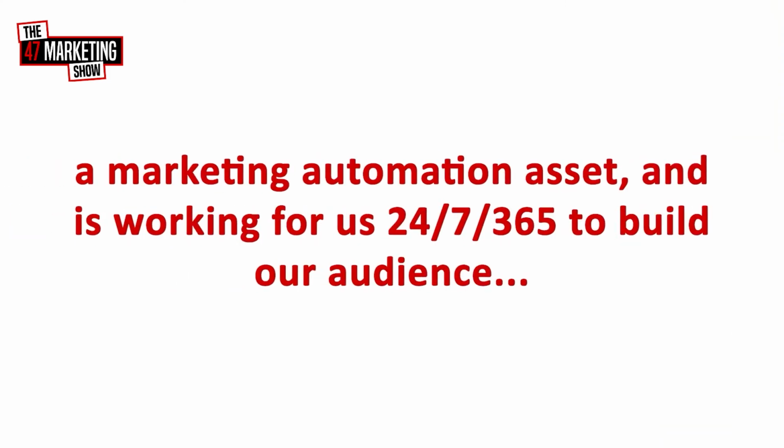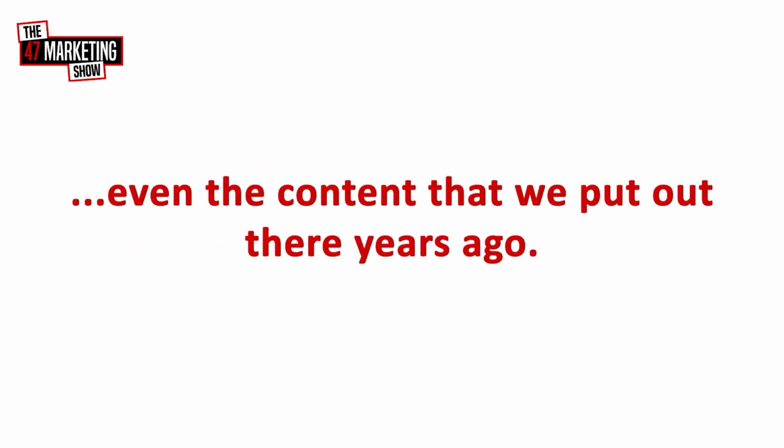As you can feel it, it is a lot of ongoing work and time overall to create content, repurpose it, and publish everything and do all that consistently. The reason why I'm investing time, money, and energy into it is because every single content piece we publish is a marketing automation asset. It is working for us 24/7, 365 days to build our audience, even the content that we put out there years ago.